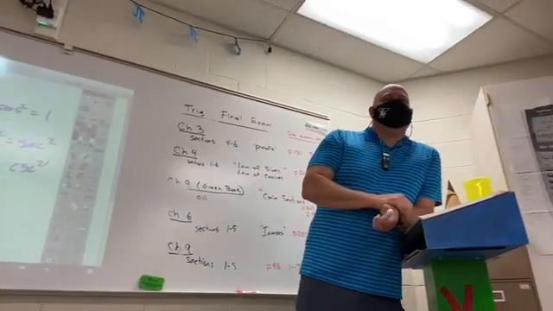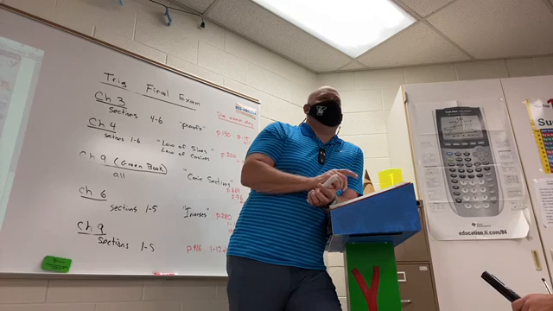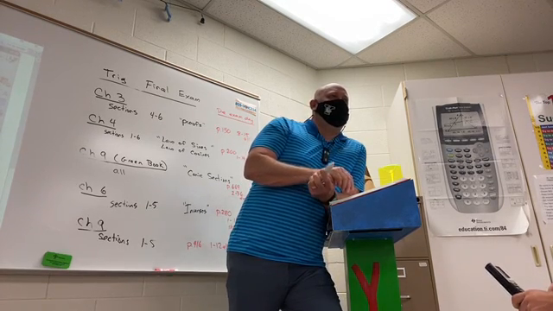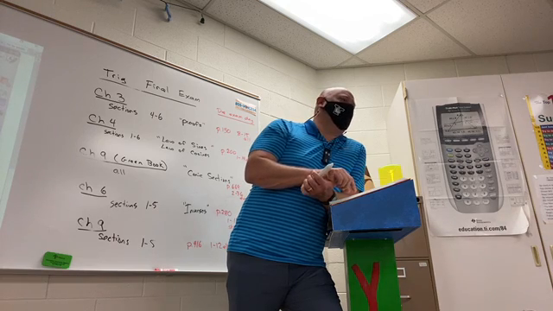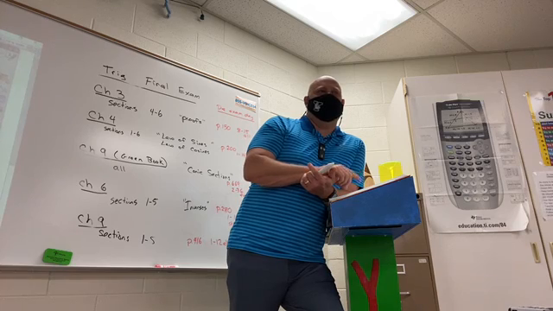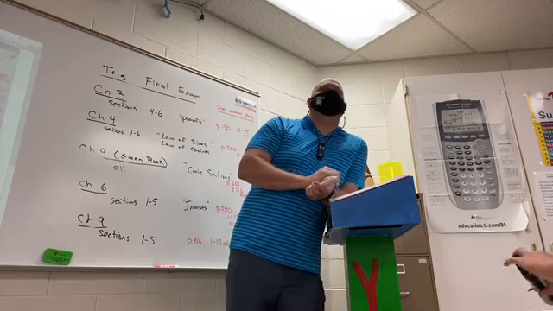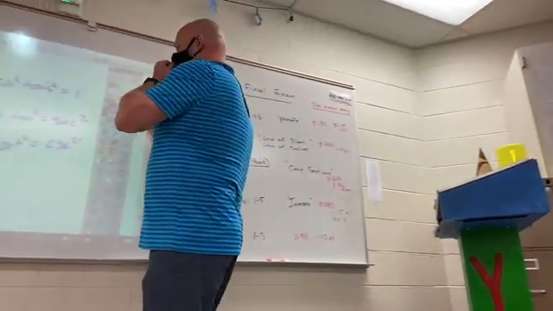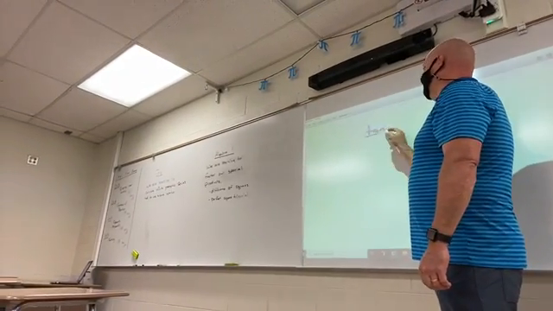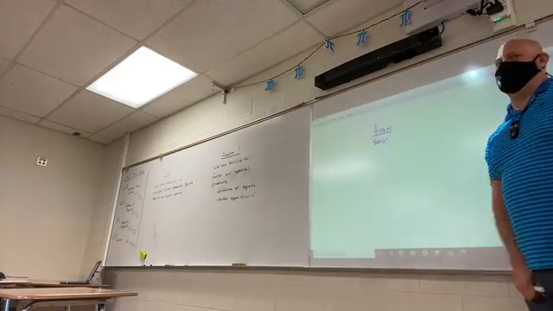The questions on the exam over this part of the chapter, I'm not going to put any actual proofs on there. So you're welcome on that part. But the types of questions you're going to see are more of the simplification aspects. It might be something like, what does tangent divided by secant simplify into?